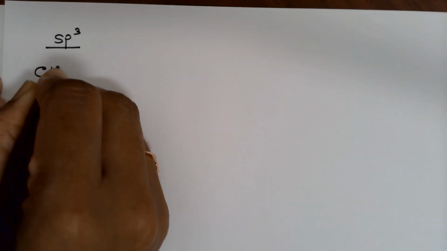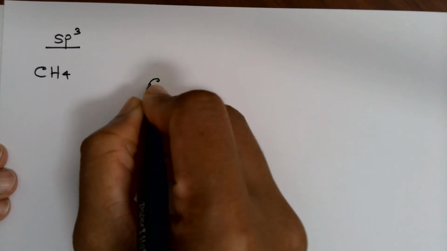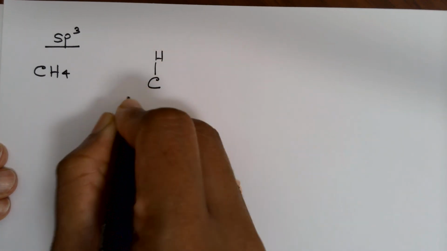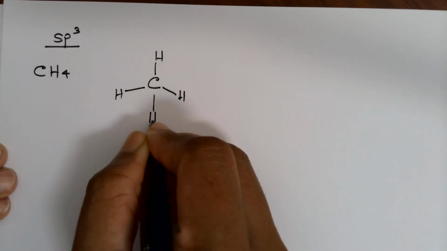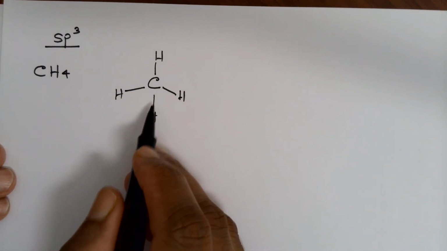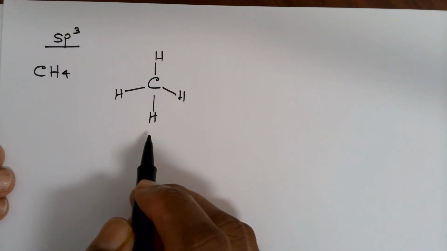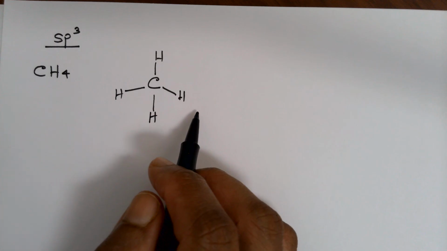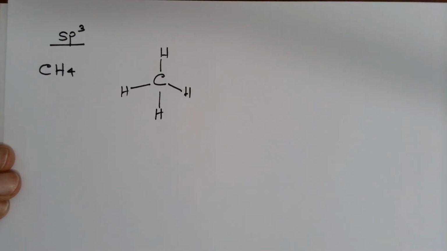Example, CH4, which we call methane. The CH4 Lewis structure looks like this. The actual structure looks like wedge and dash. One bond is coming out of the paper, one bond is going inside the paper, but I will simply draw it like this, CH4. Now there are four bonds.